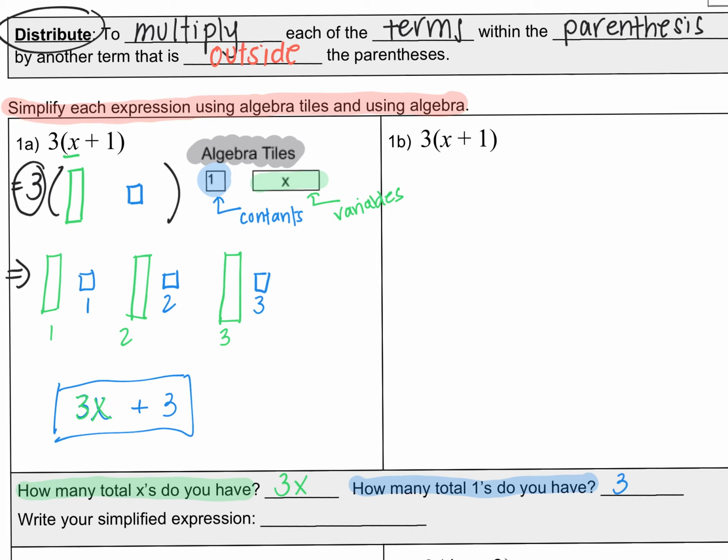We can also do this using algebra. This is where we use the distributive property. I have 3 times x plus 1. I can also do 3 times x plus 3 times 1. 3 times x is 3x. 3 times 1 is 3.